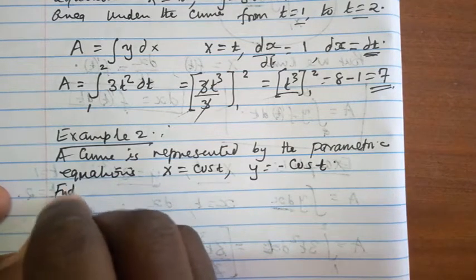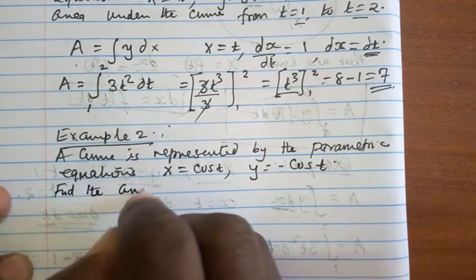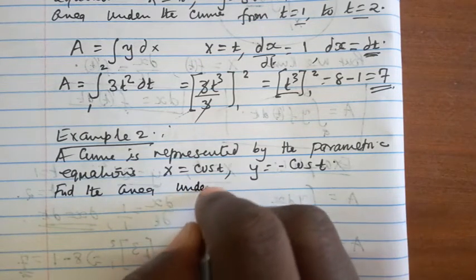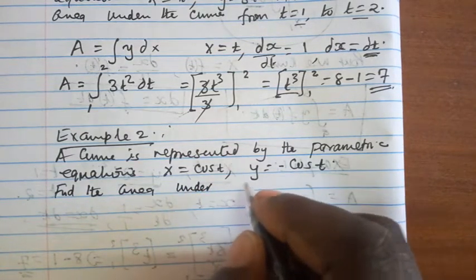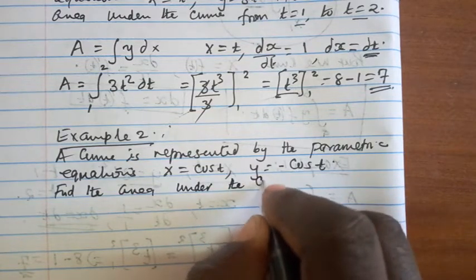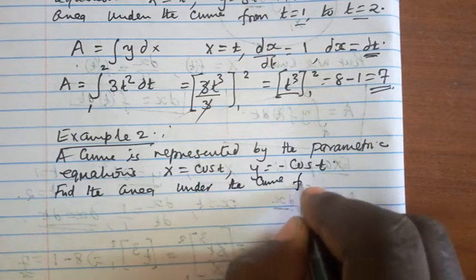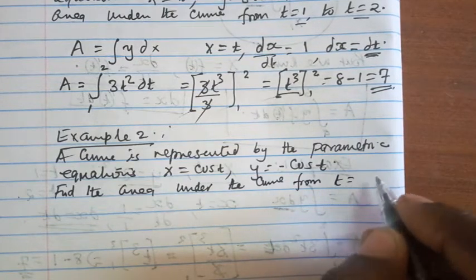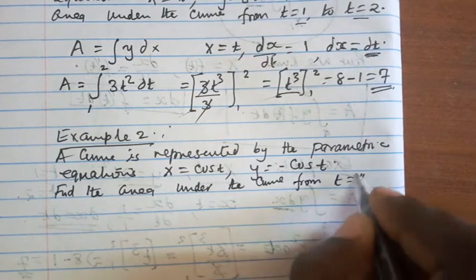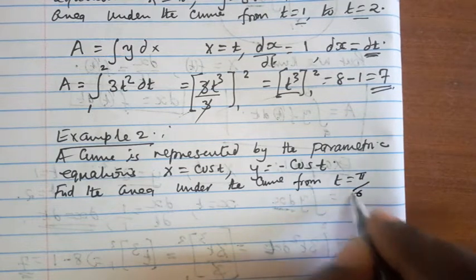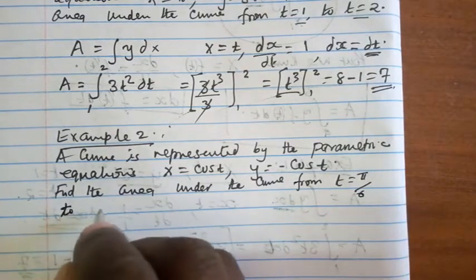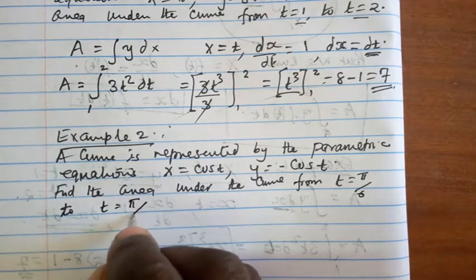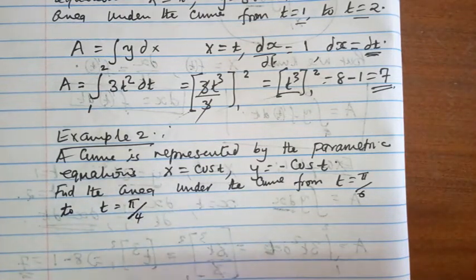The question is find the area under the curve from t equals pi over 6 to t equals pi over 4. That is it.